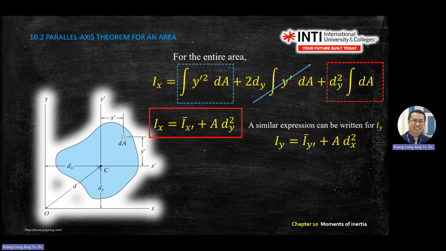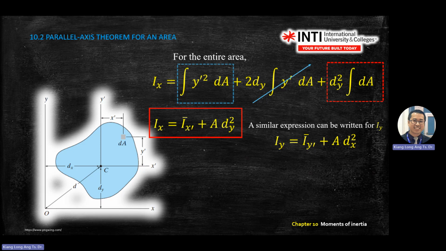But when you use this one, when you use Ix equal to, we call it I. In dynamics, we just write Ig with the center of gravity, centroid, or IC, if you want. It's the same. This one in dynamics, you refer to the table. But this one in statics, no choice, you have to calculate from here.